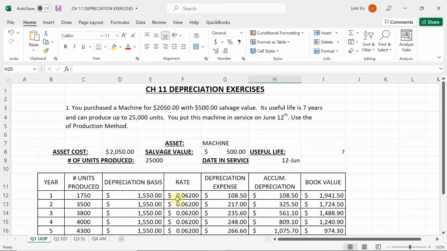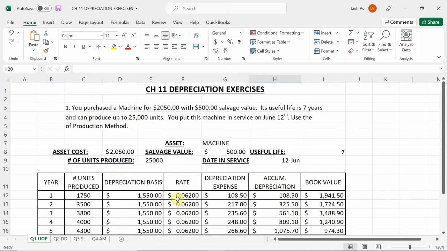No. The depreciation basis divided by 25,000, because that's how much you can depreciate. You can only depreciate up to 1550, because you have to have a remaining salvage value at the end of its life. So my depreciation basis is what I'm spreading the costs amongst.